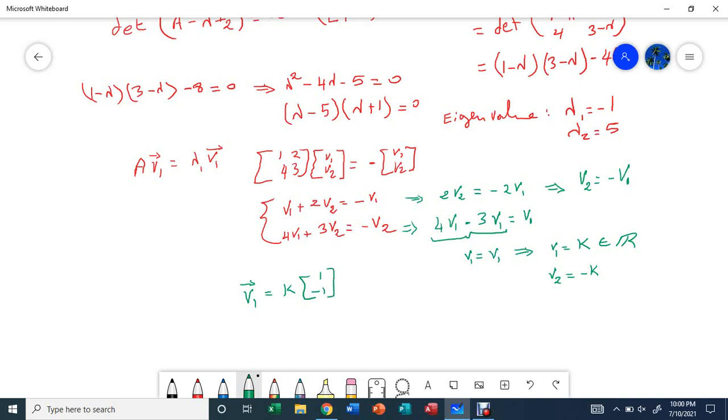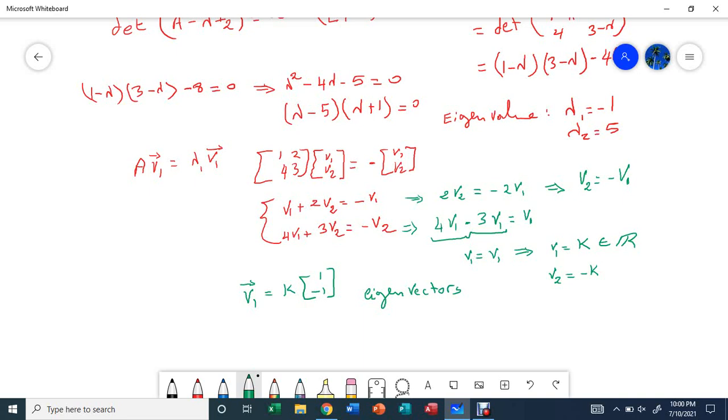So this is the eigenvector. k is a constant and a real number, so there are infinitely many vectors, but one example can be (1, -1).